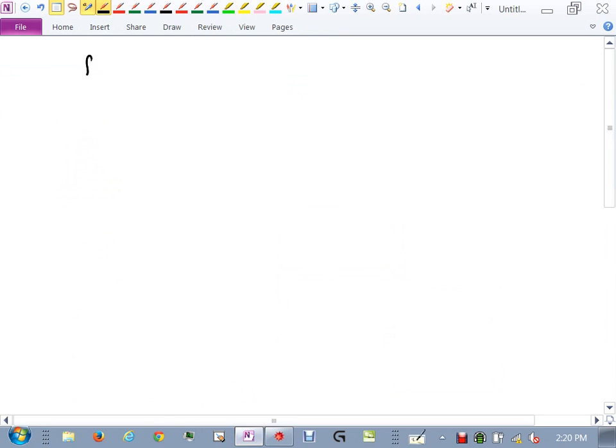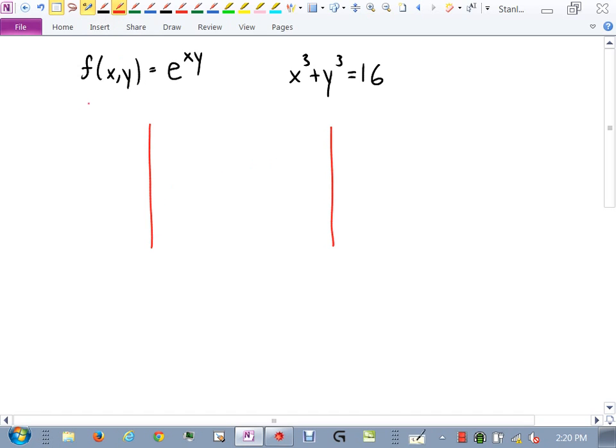Okay, function e to the xy, constraint x cubed plus y cubed equals 16. Three equations. I'm going to start labeling them 1, 2, 3. All right, first equation.